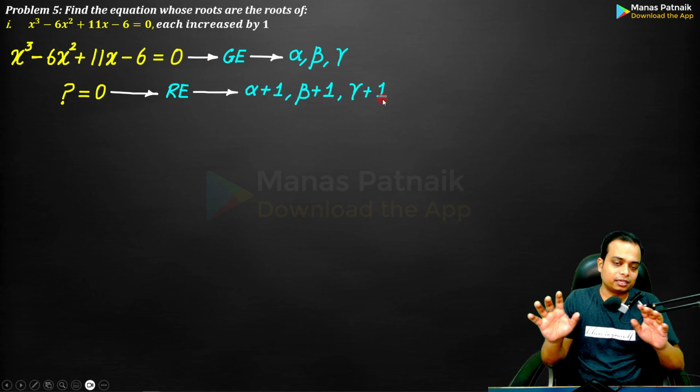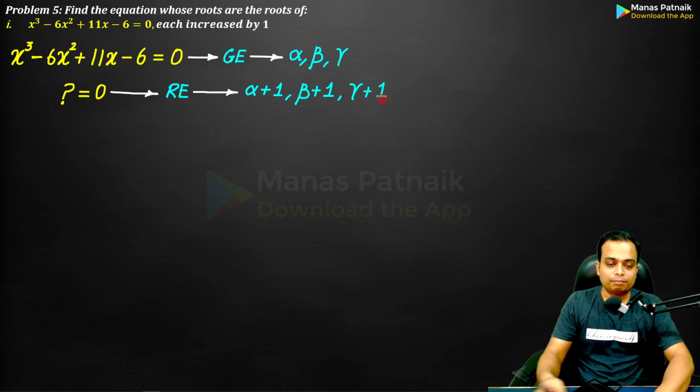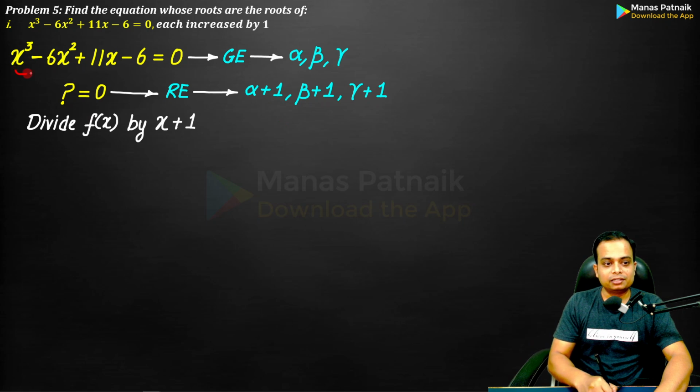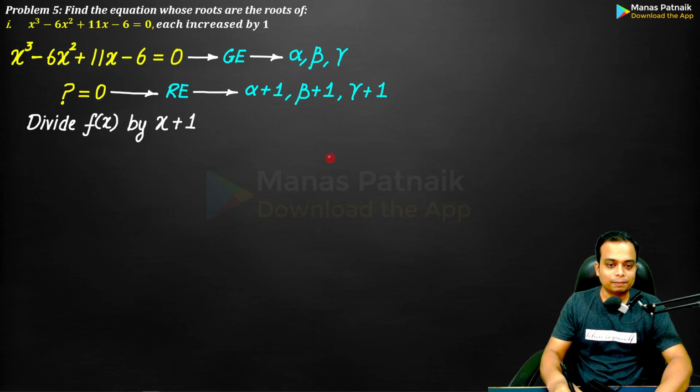Whenever you encounter such cases, either the roots are increased or decreased, the simple funda that you can apply is to divide f of x by this alpha plus 1, which you can simply write as x plus 1. These successive remainders are going to give you the required equation. How to approach this? Just watch.